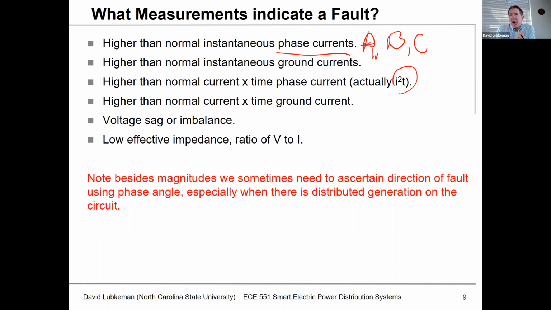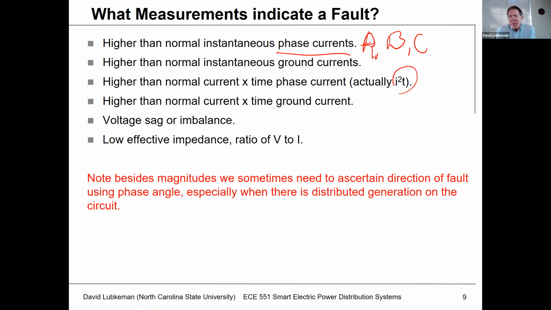But if I had a fault that's going to stay on there for a while, then if I look at I²T over time, I can make a much better distinction between a fault and, say, a load change. And so we can look at what we would call time-overcurrent, and we'll get into this later on in the lecture. We can look at that with respect to the phase currents, and with respect to the ground currents.